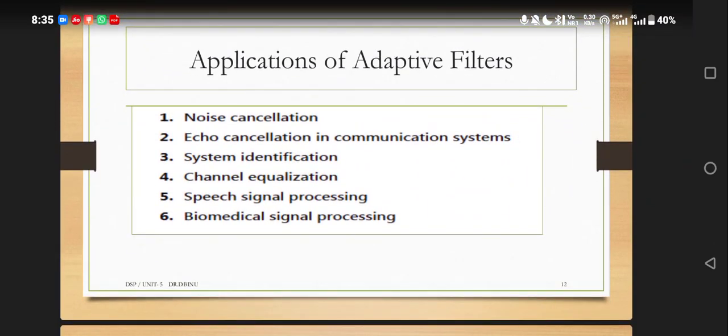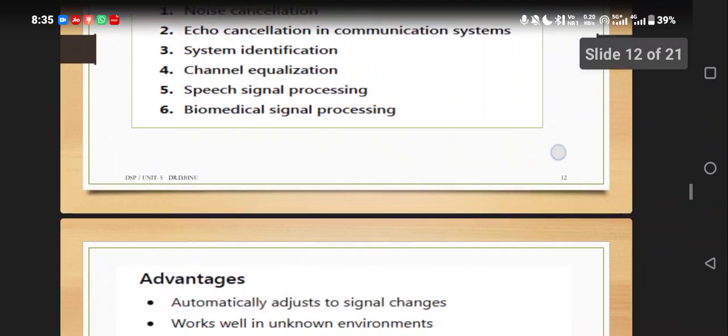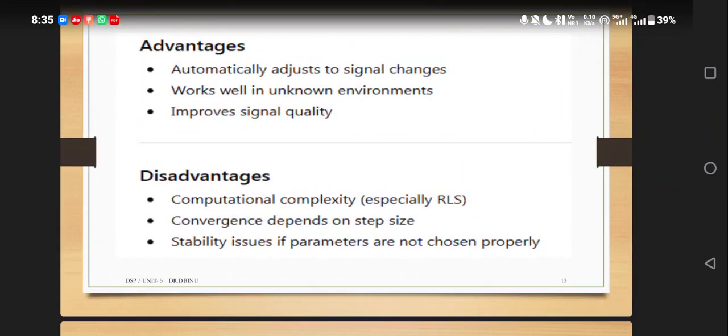Applications of adaptive filters. Adaptive filters are applied in noise cancellation, echo cancellation in communication systems, system identification, channel equalization, speech signal processing, and biomedical signal processing. Advantages of self-adjusting filters are that adaptive filters automatically adjust to signal changes, work well in an unknown environment, and improve signal quality.